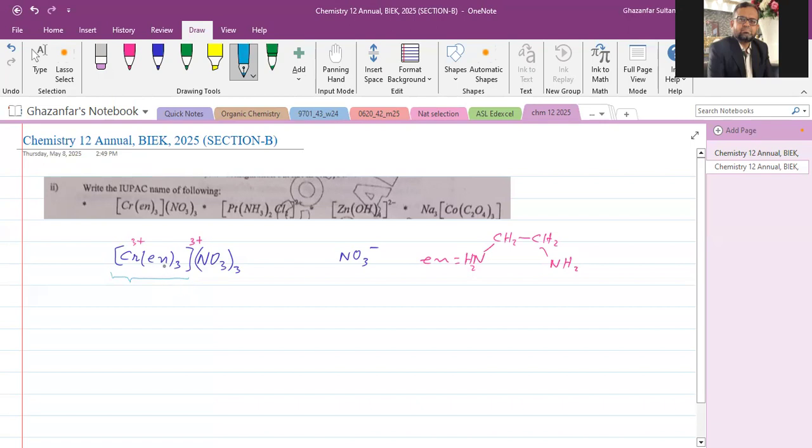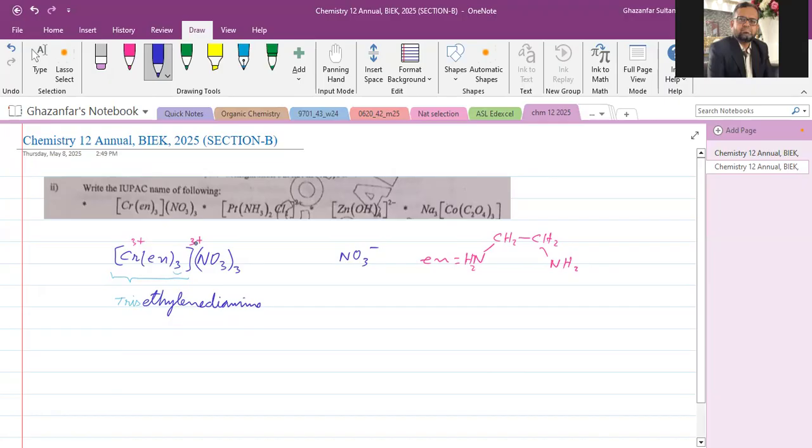If the ligand is an organic ligand, then the numbers we should use are bis, tris, etc. So it should be tris ethylene diamine. There should be no gap.